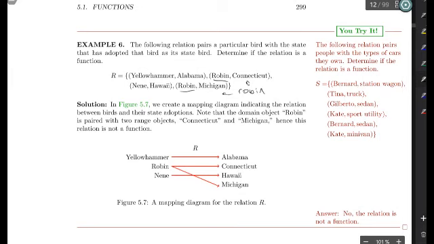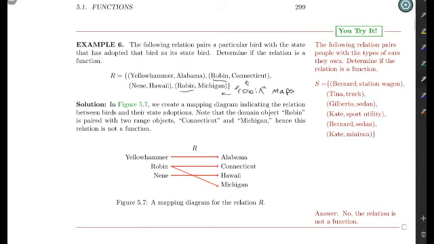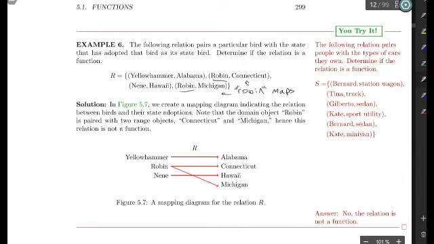So robin, put in quotes, maps, or is sent to, or is paired with. We'll say paired with, like our text.